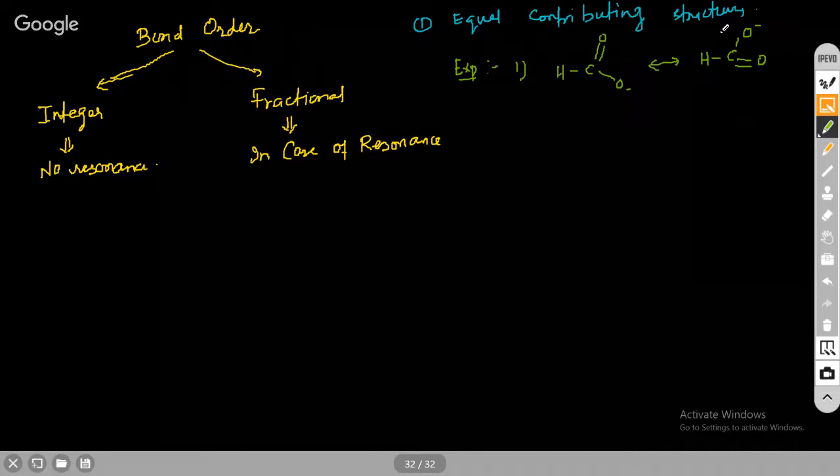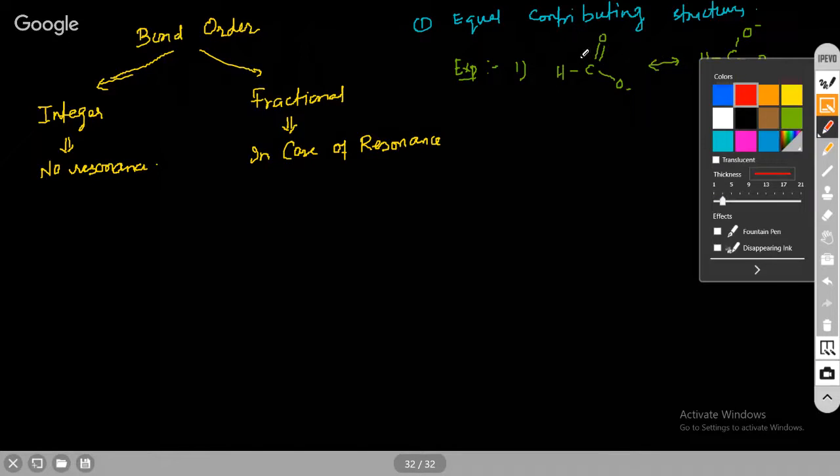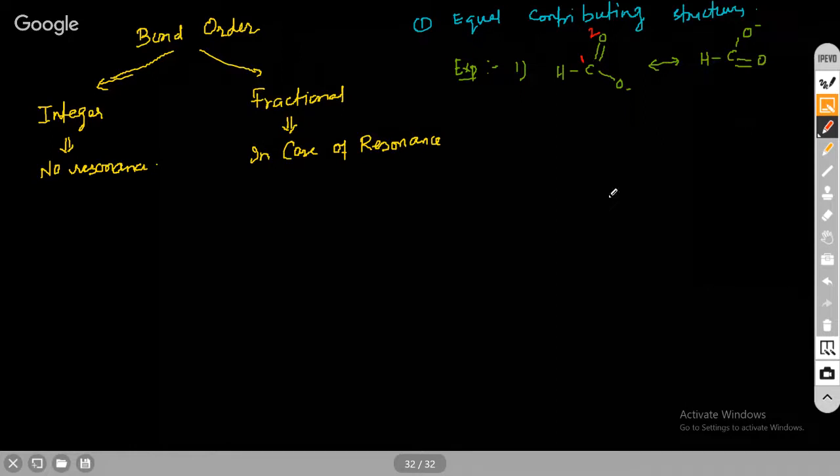So now, here you see, suppose this is the first atom and this is the second atom, and we have to calculate the bond order of the carbon oxygen bond.